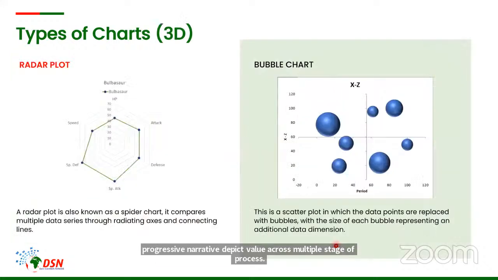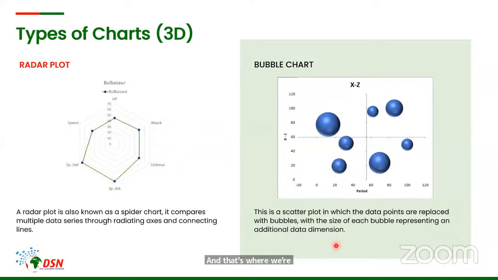So we have a radar plot. A radar plot is also known as a spider chart.